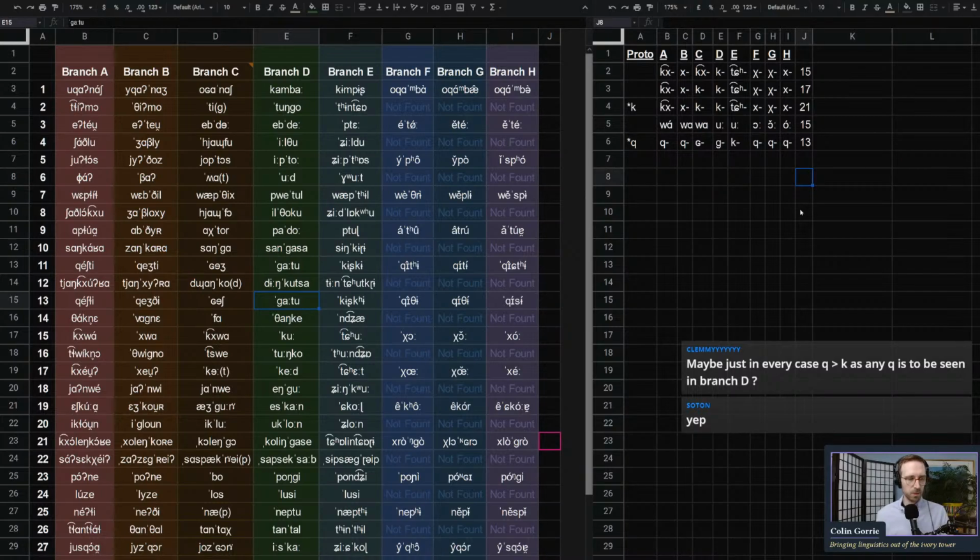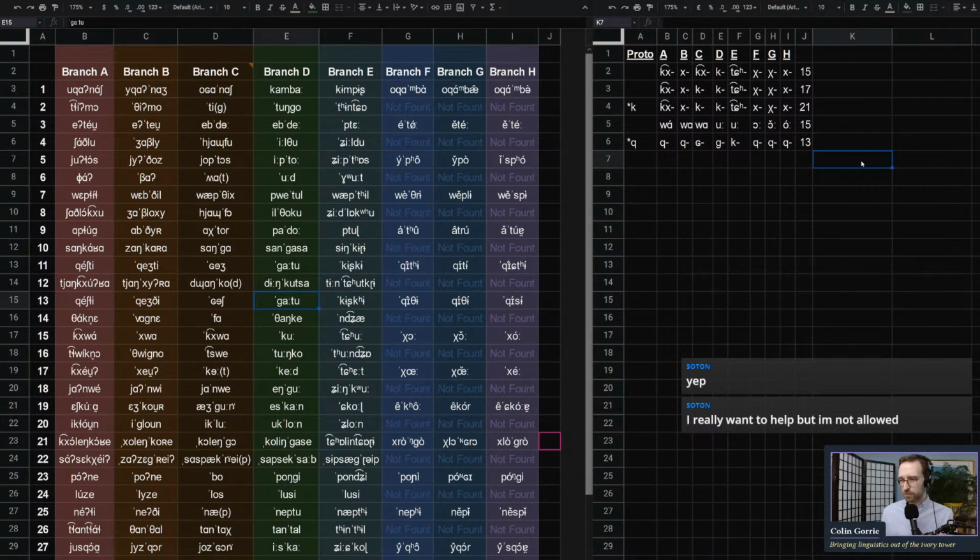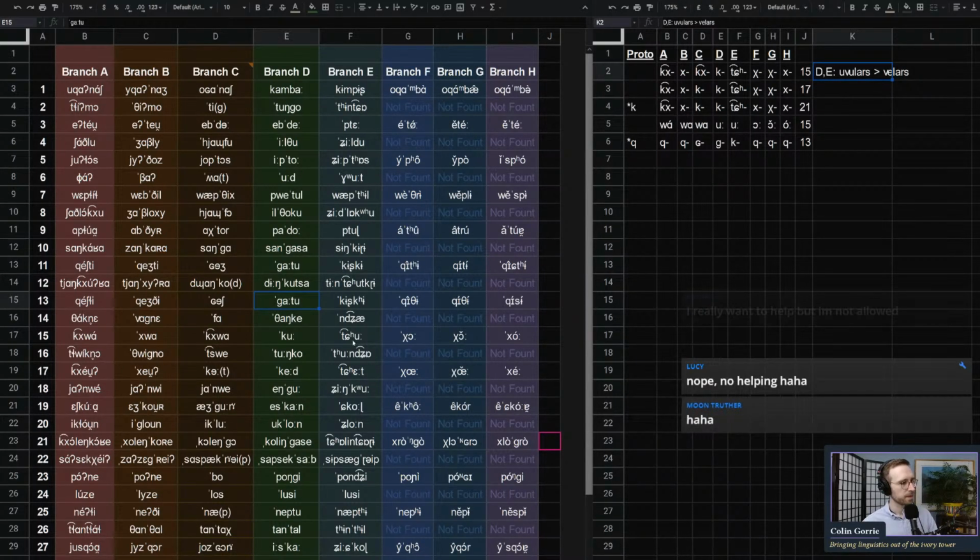So maybe we could hazard a rule in D and E. I'll just put this off to the side here. So in D and E we have uvulars to velars. Let's see if this holds up with everything else we know.